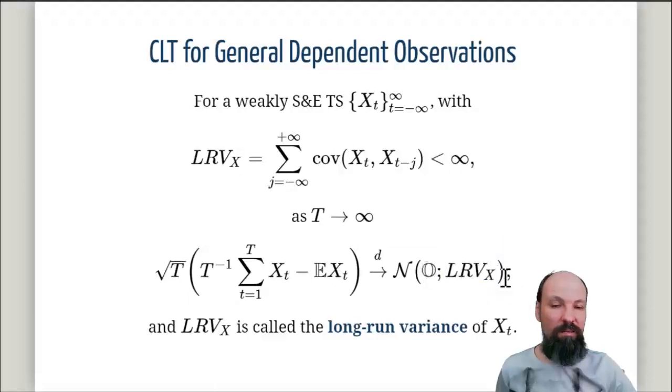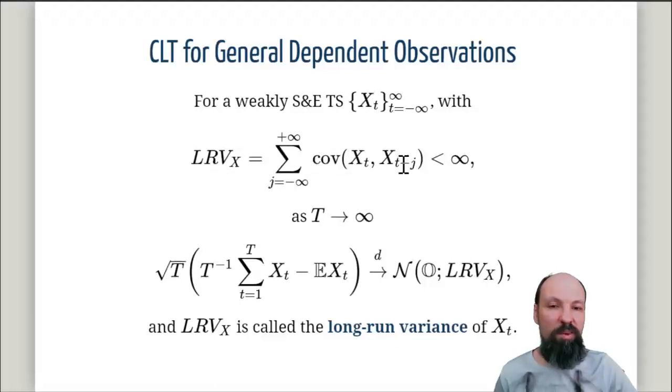And this LRV stands for long-run variance. You see, it's not just variance, because variance is the variance of this thing at one moment in time, but the long-run variance accounts also for dependency of that thing across time. It is not just the variance here in this huge infinite summation.